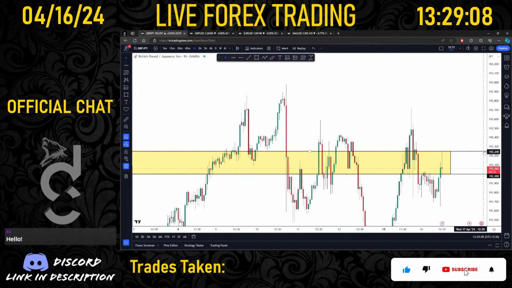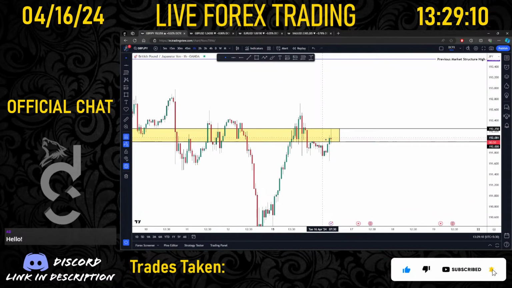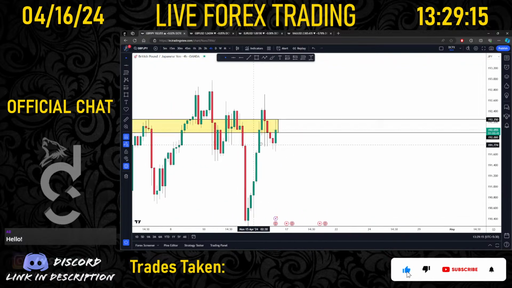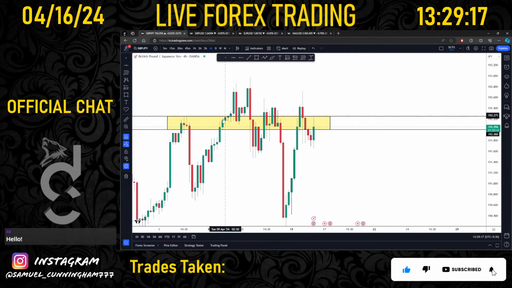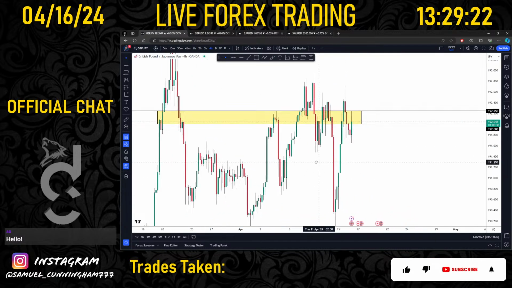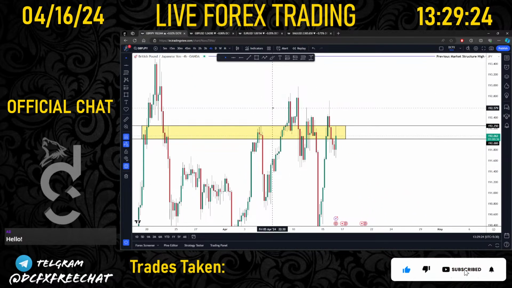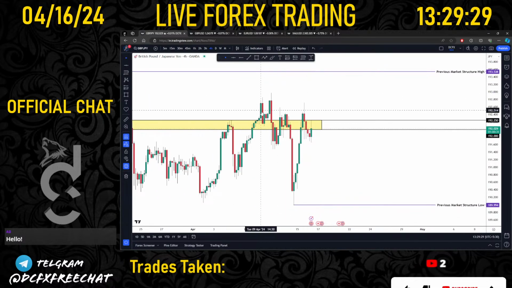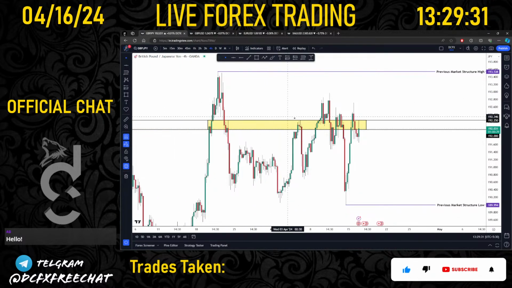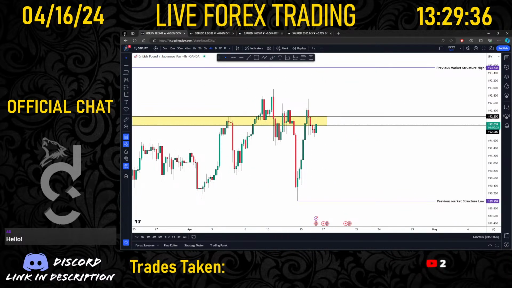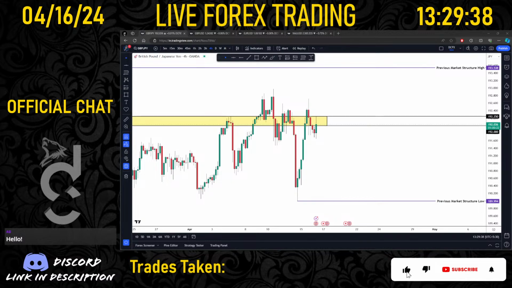Right over here, very nice. We're looking at a potential rejection from this area. Let's see how this 4-hour time frame closes in an hour, whether we reject this area to come down or not. Okay, so let's see. Can we get that? Very interesting area over here on GJ. I'd be cautious if I were to take a trade on GJ. So let's see.